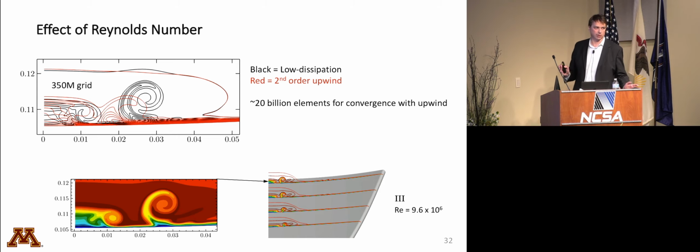You see they're completely different. And that's just because of the inherent dissipation in the numerics. So John Tomei, my student, based on the resolving power of the second order method, estimates that you would need about 20 billion elements to get the same result as you can get on 350 with low dissipation. So this is absolutely essential in order to be able to do these kinds of calculations.